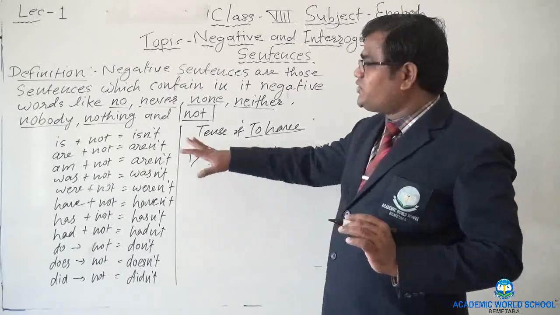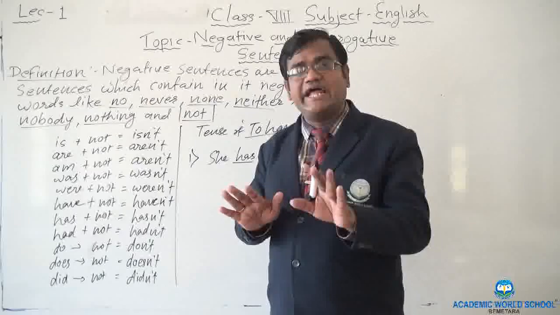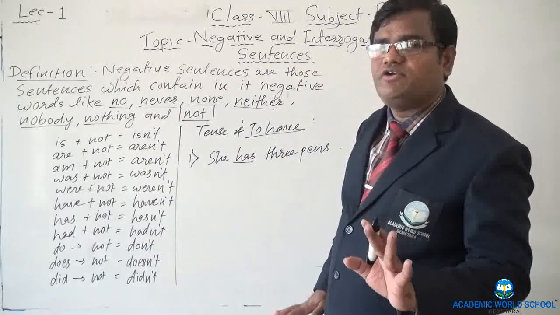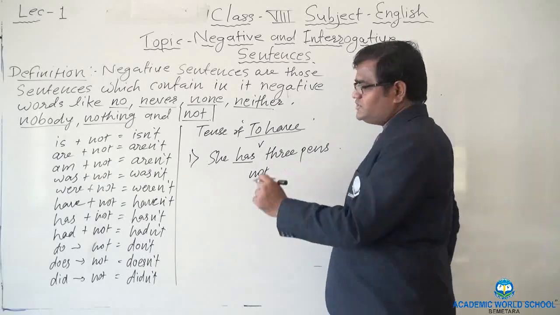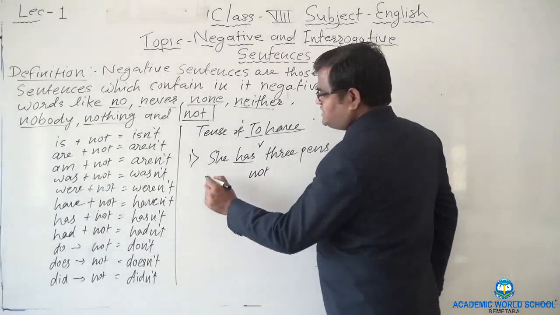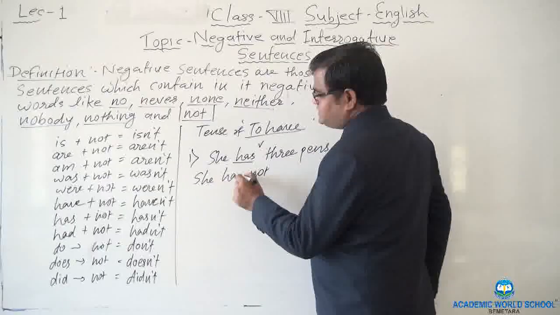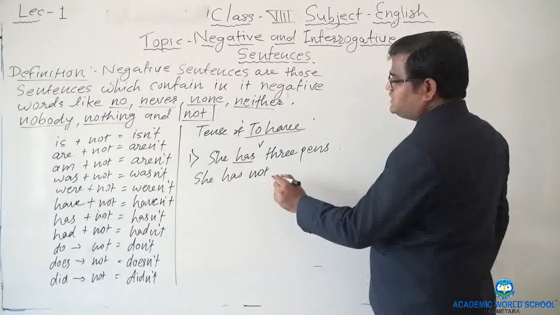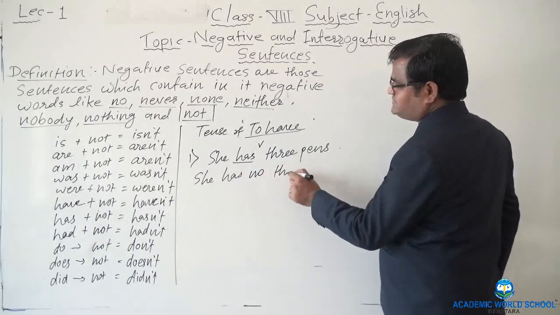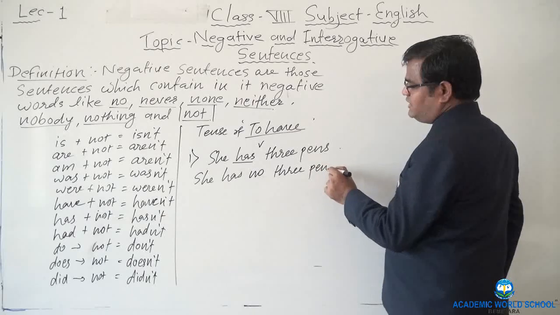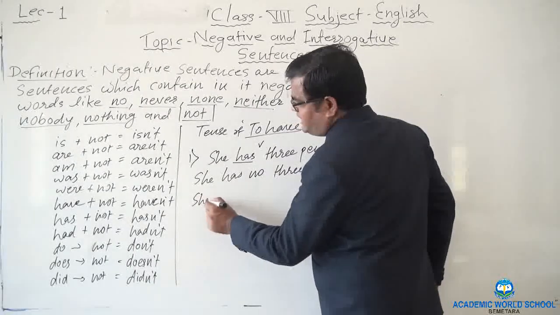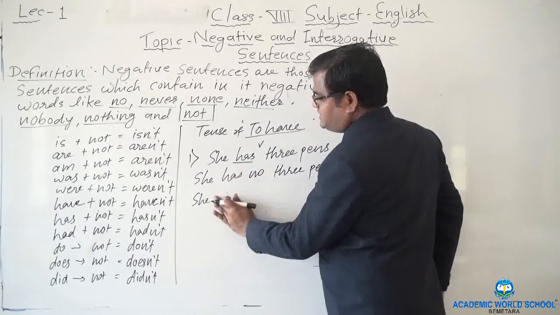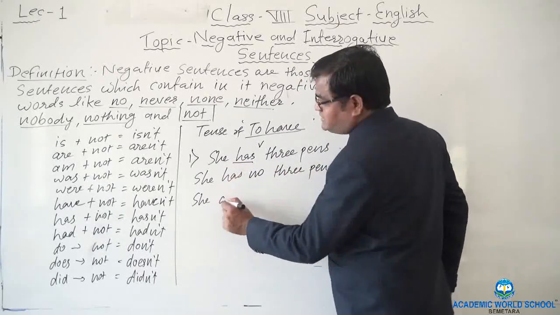In that case, you cannot put not, right? That will be wrong. So what we do? You will simply put no. So the answer will be she has no 3 pens. Or if you think it is looking a little strange, in that case you can simply say she doesn't have. It is for the present day.